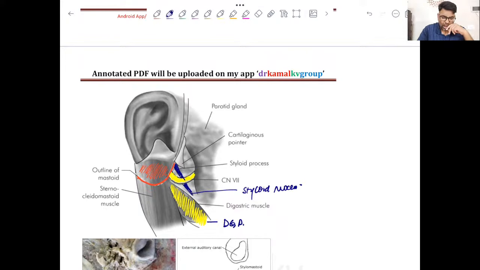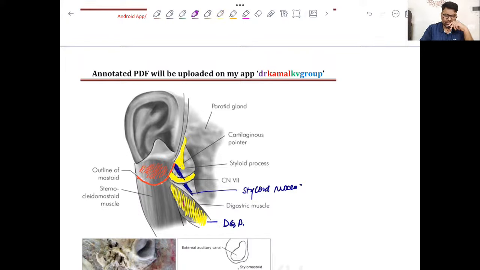Now above the facial nerve you can see one cartilaginous pointer, that is the tragal pointer. This is related to the cartilage of the external auditory canal. Okay, so this is the tragal pointer, right? So what landmarks you have to remember?